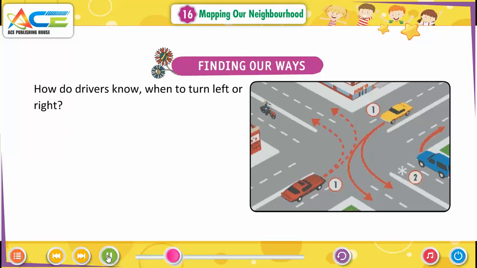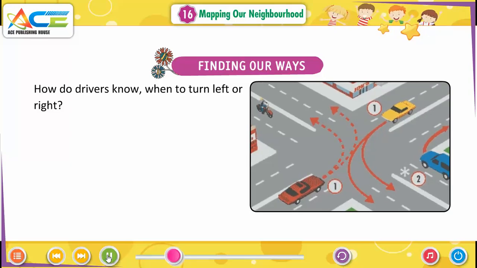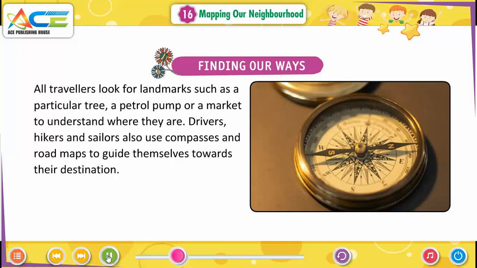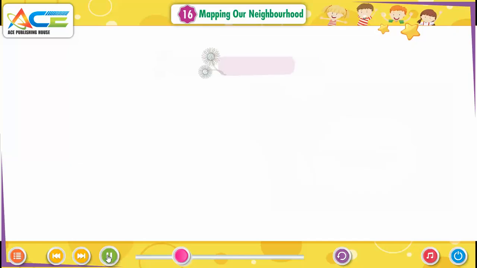How do drivers know when to turn left or right? All travelers look for landmarks such as a particular tree, a petrol pump, or a market to understand where they are. Drivers, hikers, and sailors also use compasses and road maps to guide themselves towards their destination.